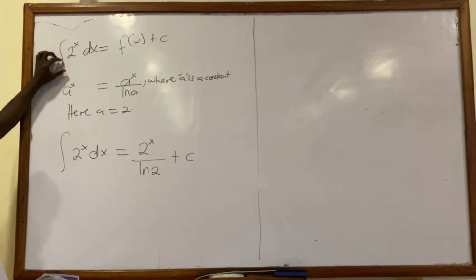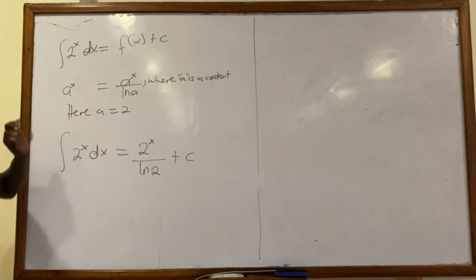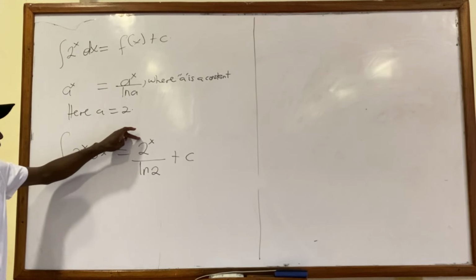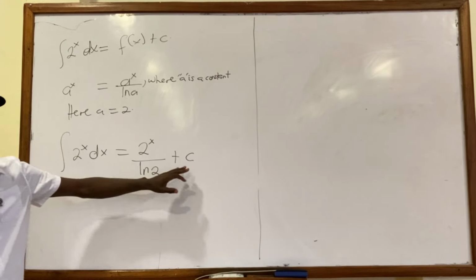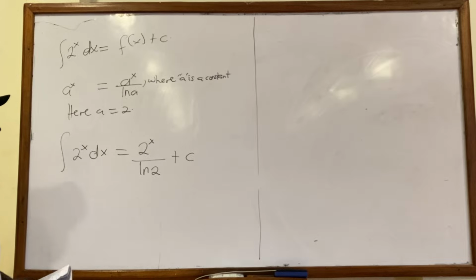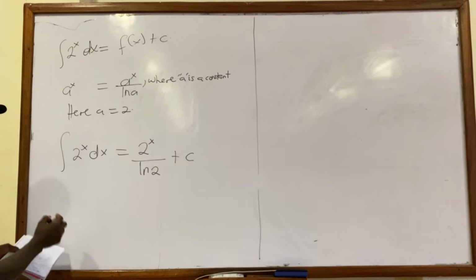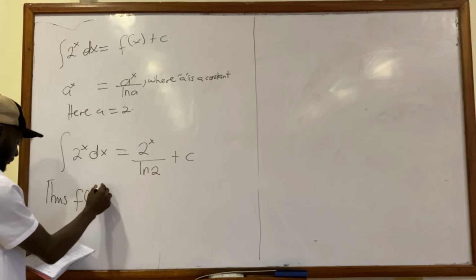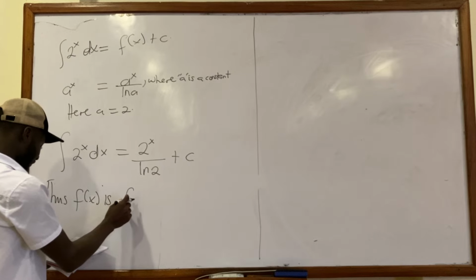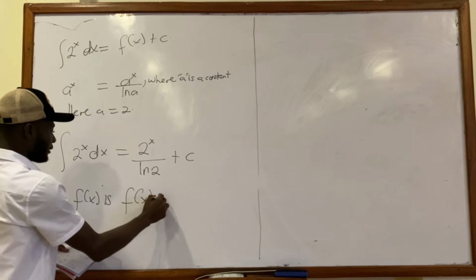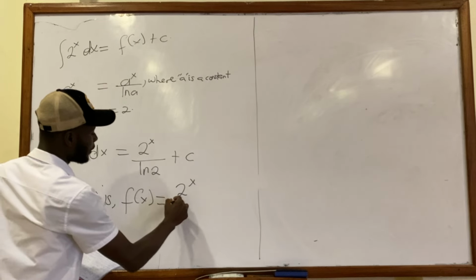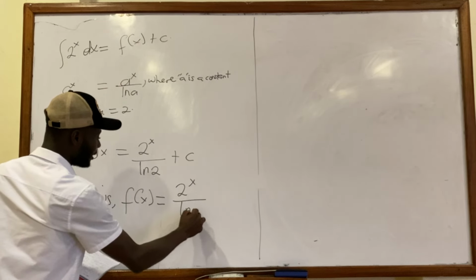So when you integrate 2 power x dx, the function you get is 2 power x over ln 2 plus c. So f of x is equal to 2 power x all over ln 2.